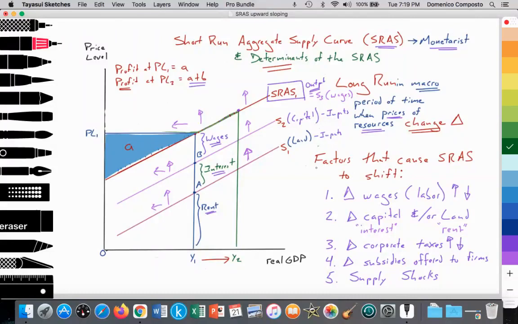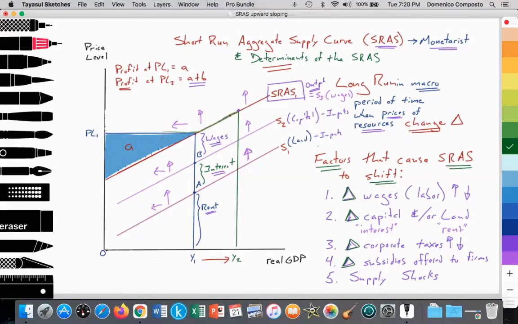The factors that cause the SRAS curve to shift are the changes in wages, the changes in capital or land resources, the interest and rent payments that firms make to acquire these resources, changes in corporate taxes, changes in subsidies offered to firms, and supply shocks.